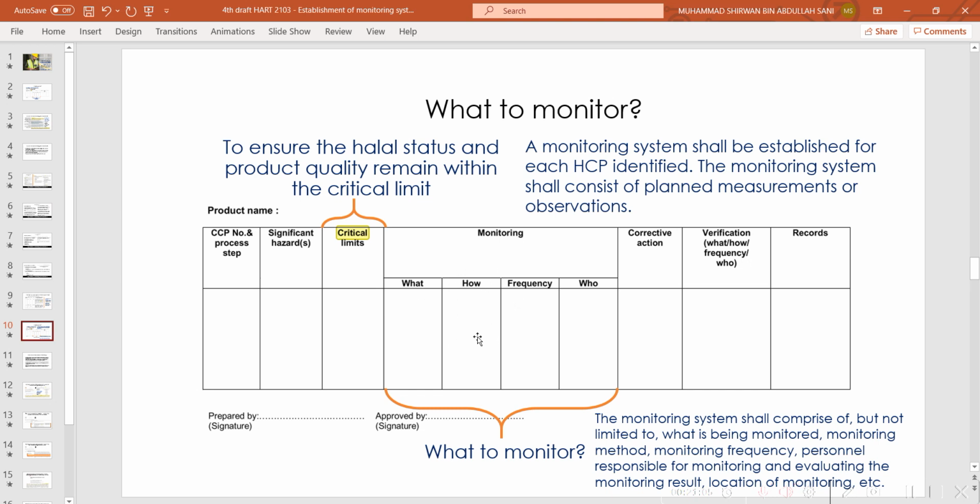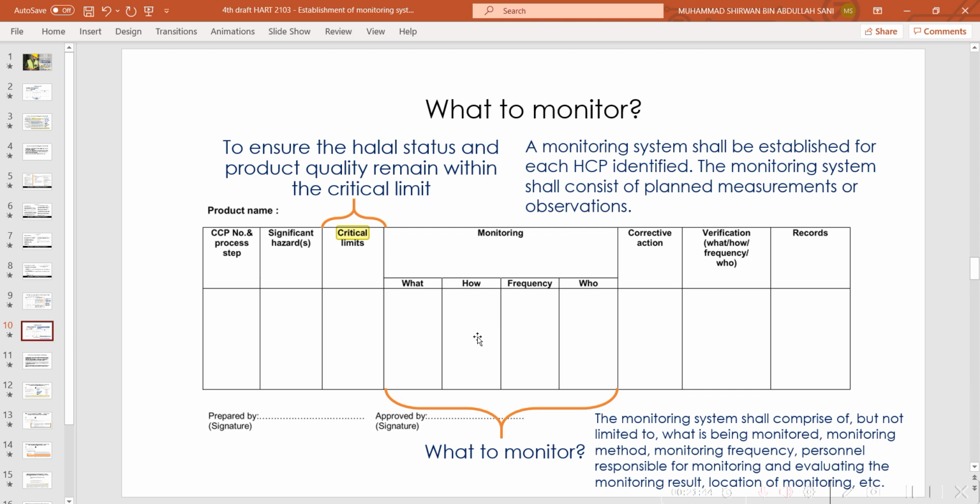On how, how do you want to monitor the halal control point? Usually for the freezer and chiller, you will jot down the temperature in the logbook. Or if you are monitoring the halal certificate, you go to the Halal Malaysia halal directory to verify whether the halal certificate that you receive from your supplier is really genuine and still valid.